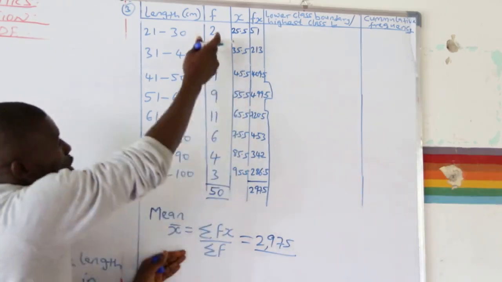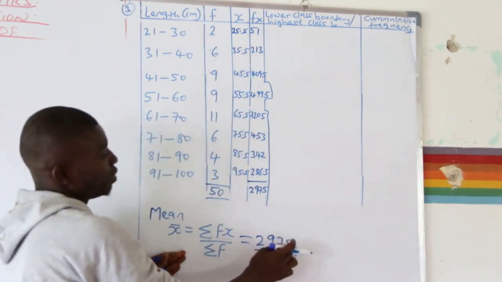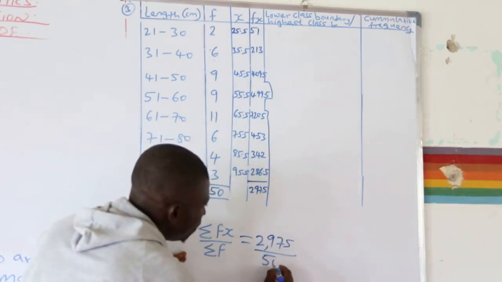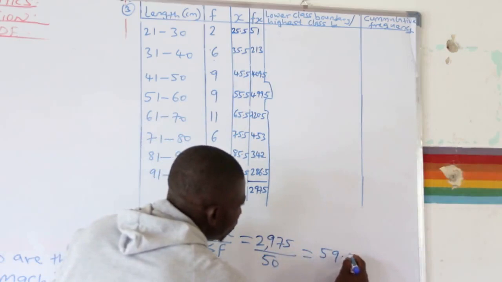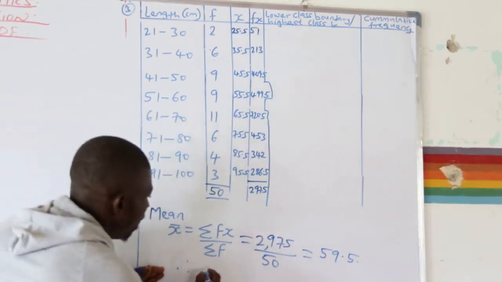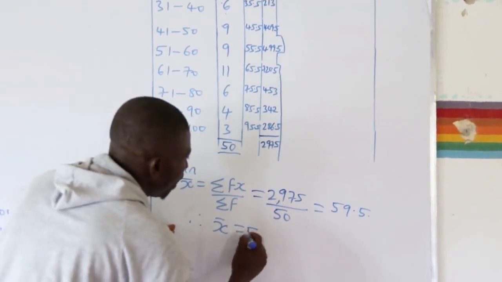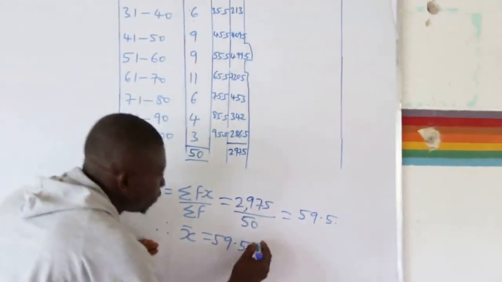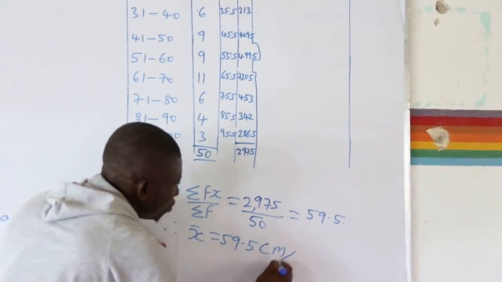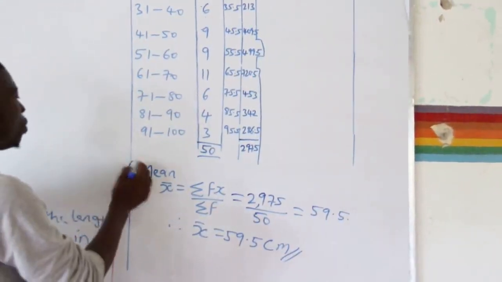So 2,975 divided by 50 gives us 59.5. Therefore, our x bar, which is our mean, equals 59.5. Don't forget the unit is centimeter, so that will be 59.5 centimeter. This is our answer for the mean.